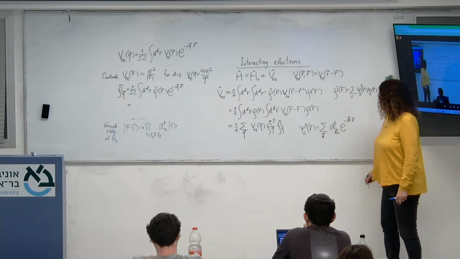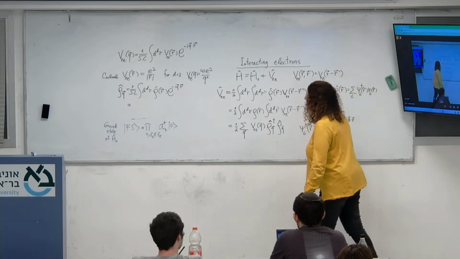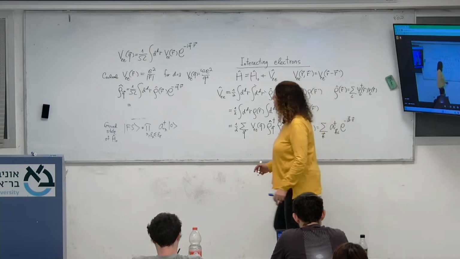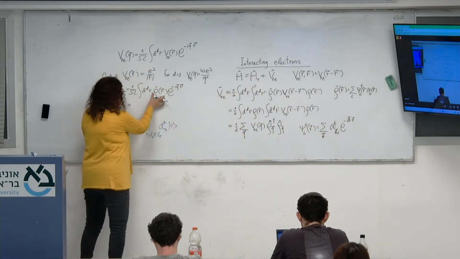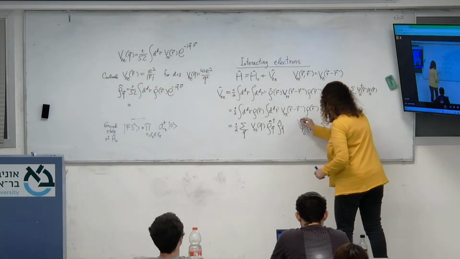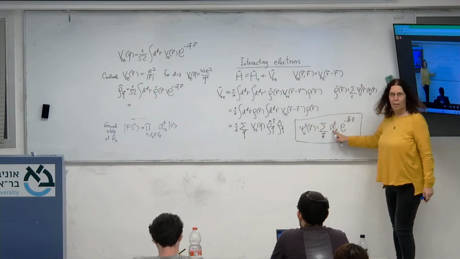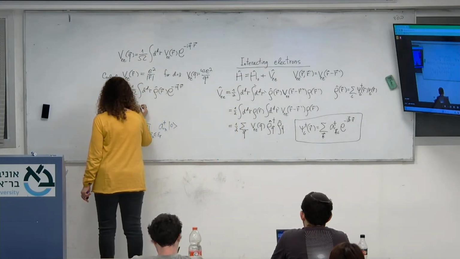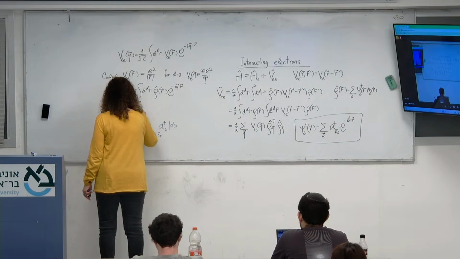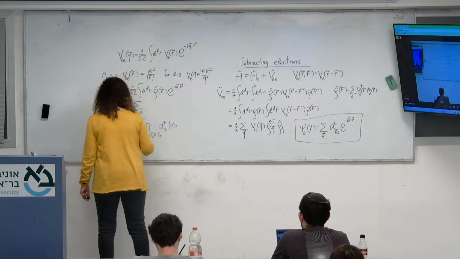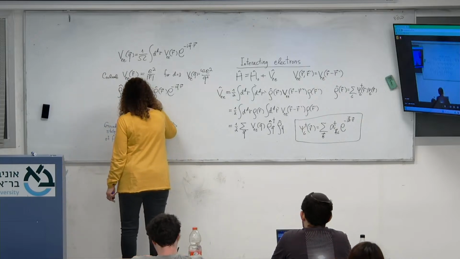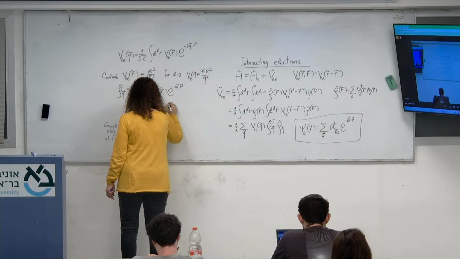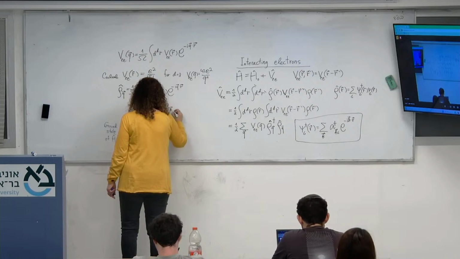Okay? So there is something that you are going to do in your homework, showing that if you use this definition and the expansion of the field operators in terms of A and A daggers, you can show that the density operator can be expressed as a sum over k and sigma of a dagger of k minus q sigma a k sigma.